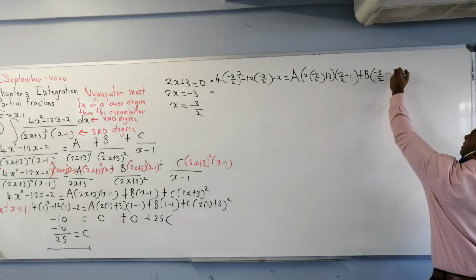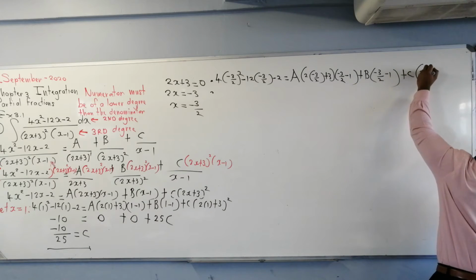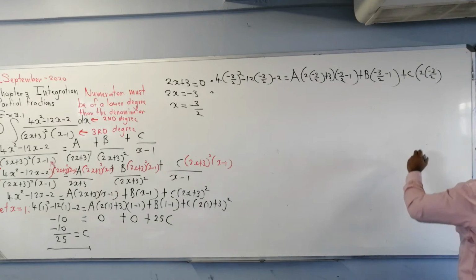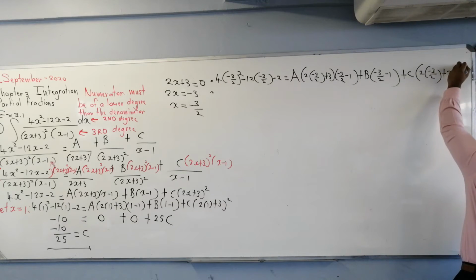Then we've got plus C. That's 2 times minus 3 over 2 plus 3 all squared.